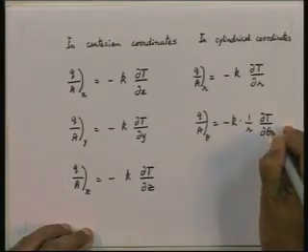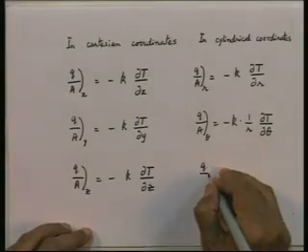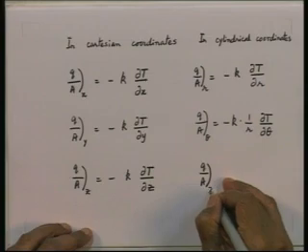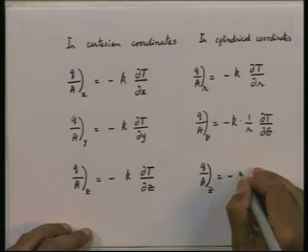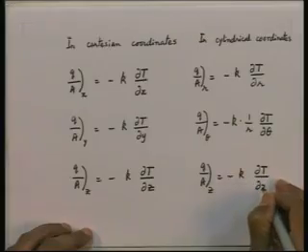Notice theta is an angle, so I need a distance r d theta, and Q by A in the z direction is equal to minus k dT dz.